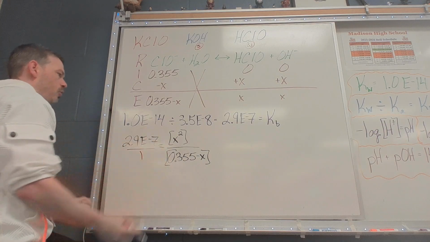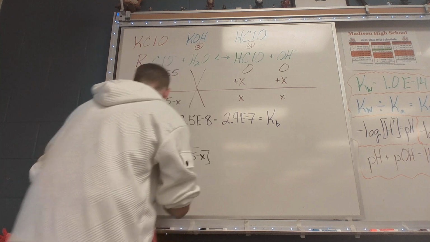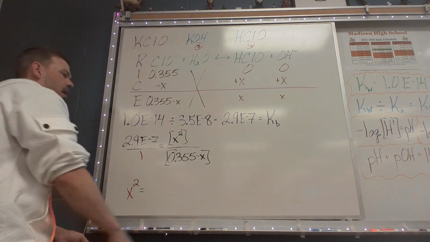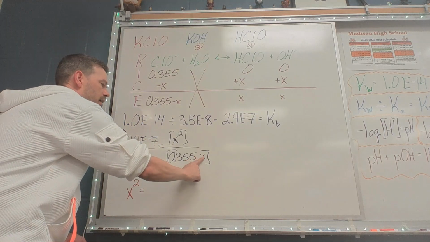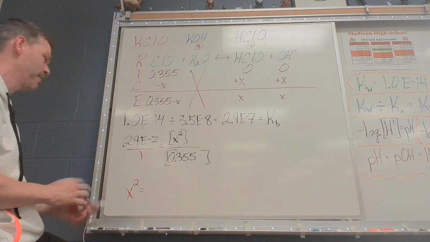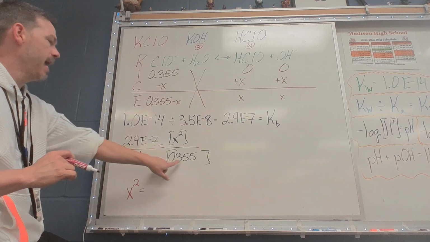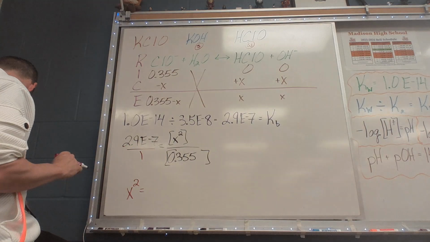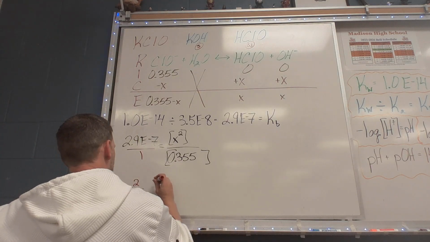All right, so let's do our cross multiplication here, and we'll have X squared equals. Remember, trump that negative X. I'm sorry, people at home. This is probably the most annoying video right now, but I can't do anything about that voice. Multiply that diagonal, 1.03 E negative 7.